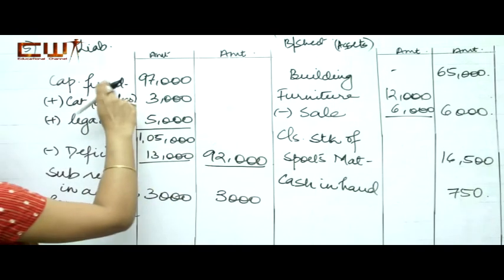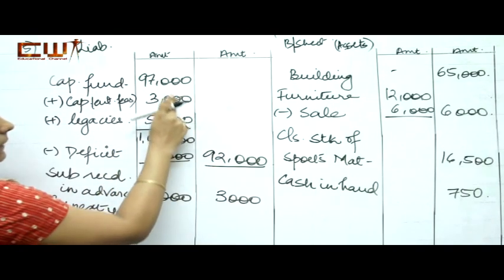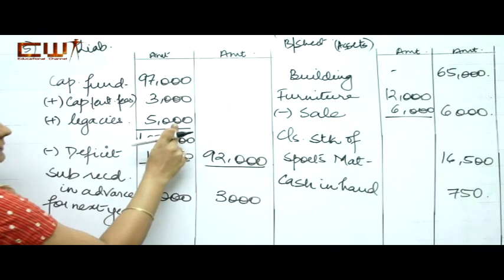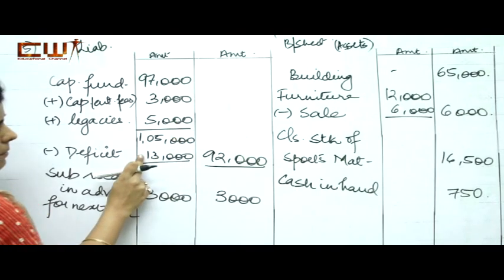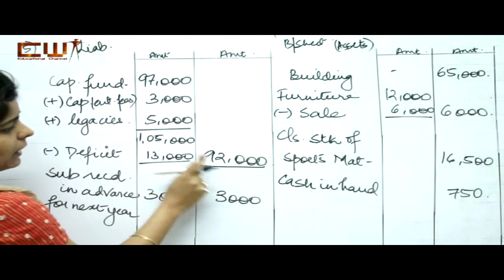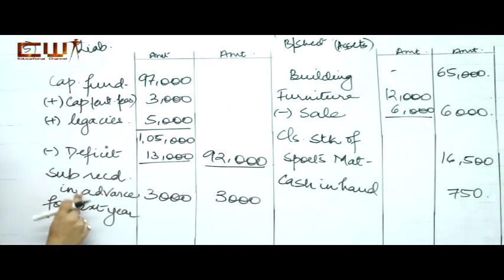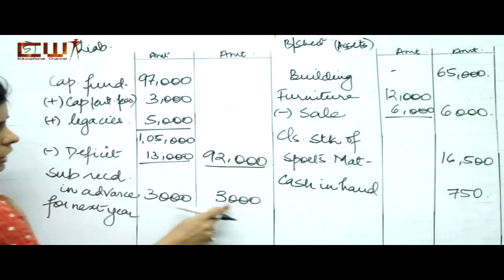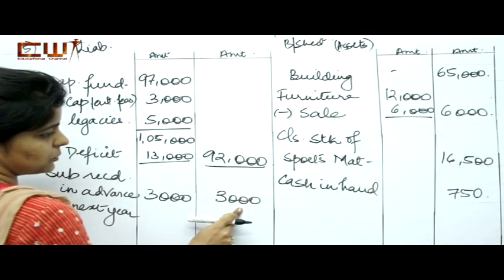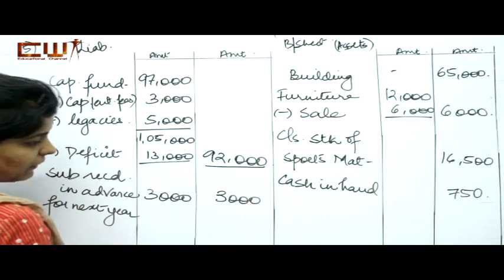So the capital fund calculation will be this. Then you will add subscription received in advance for the next year, 3,000. So 92,000 plus 3,000 will be 95,000.